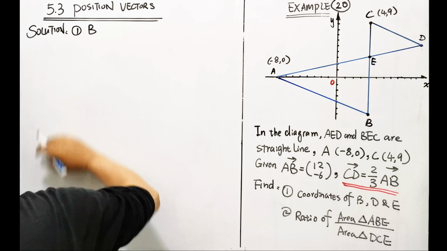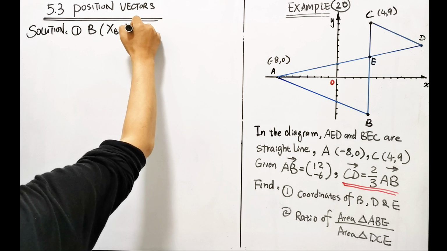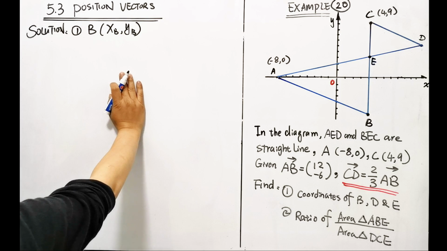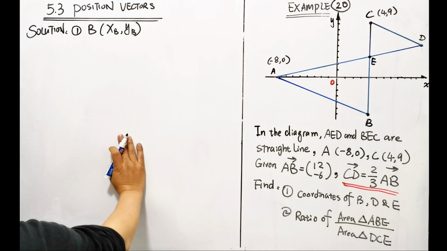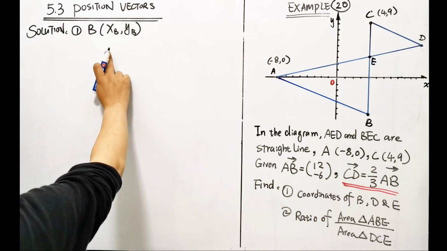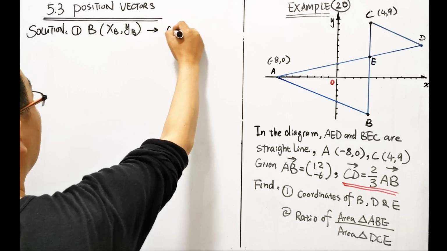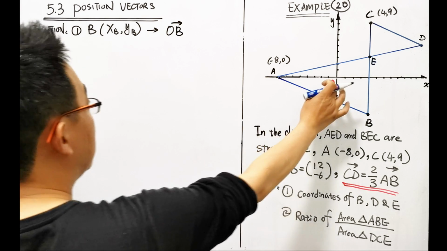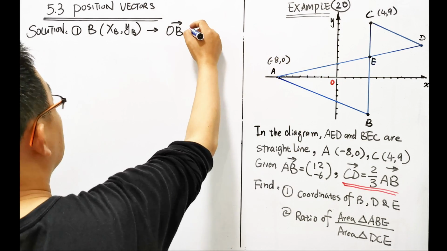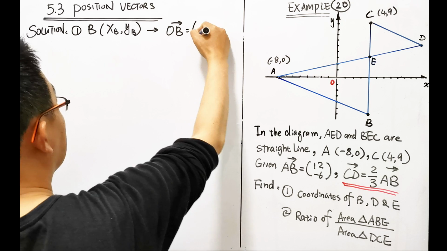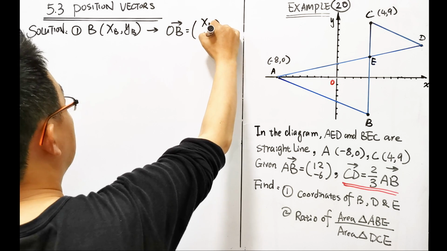We can write the coordinates of B as (XB, YB). Since B is (XB, YB), and O is the origin of this Cartesian plane, we can also write OB as a column vector (XB, YB).